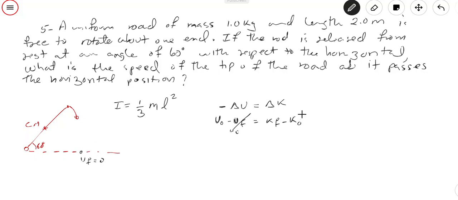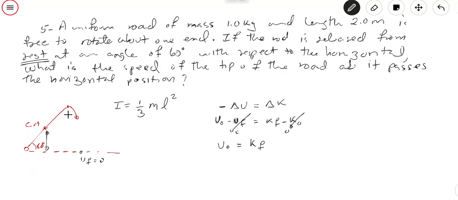And we know that the initial kinetic energy is also 0, because they say that this is starting from rest. Okay, so the initial potential energy will be equal to the final kinetic energy. Now, to find the initial potential energy, we need to find the height of the center of mass of this rod above the horizontal. So we need to find this distance over here.